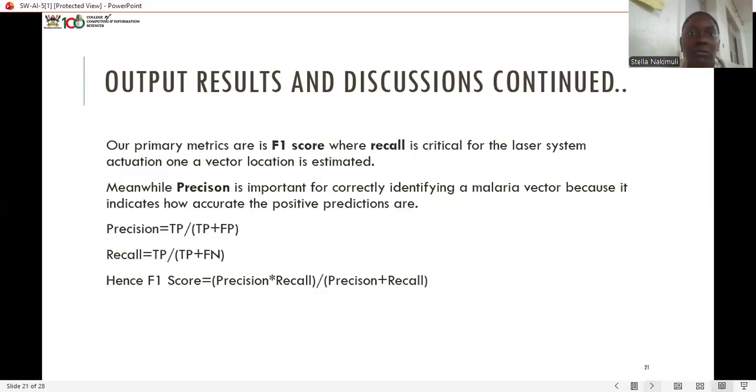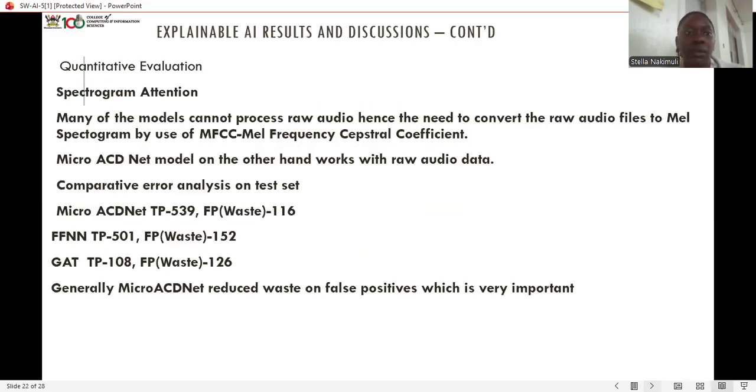Moving forward, some output results. Here we are looking at the F1 score, whereby our precision is calculated. So basically, here we are looking at precision. Here we have some results on the spectrogram attention.